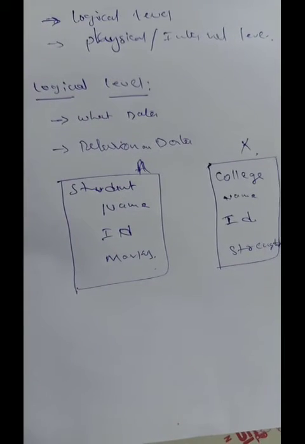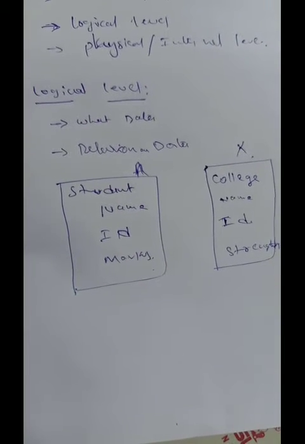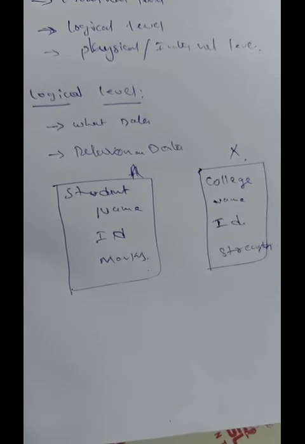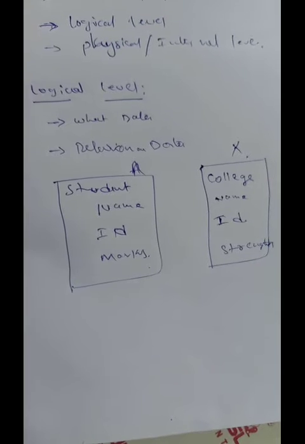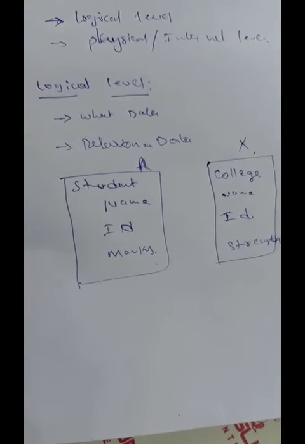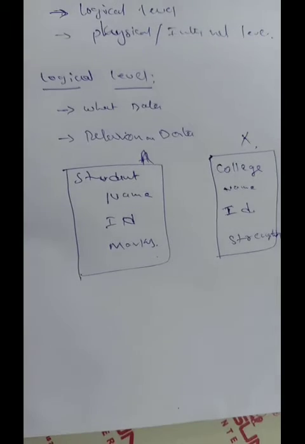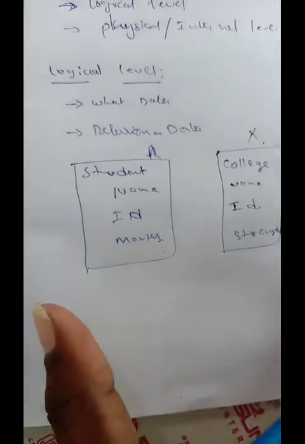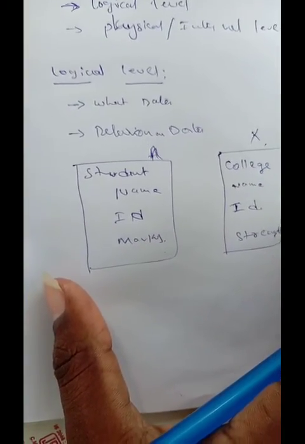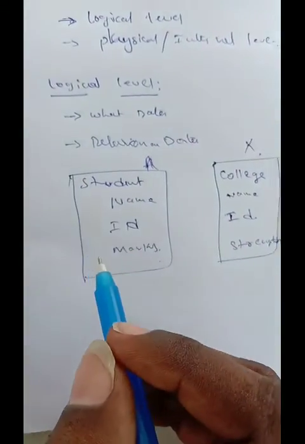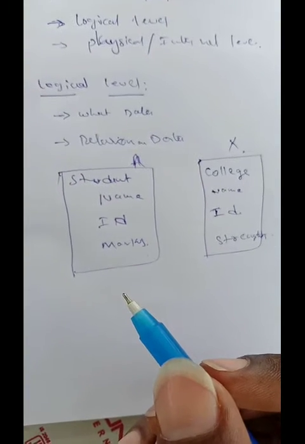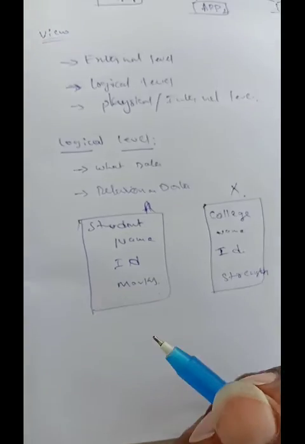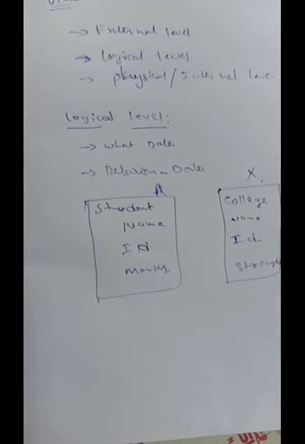In the logical level, it makes sure that the user doesn't feel any inconsistency regarding the data that is accessed, presented, or ready to be stored in the database. The complexities of what data is stored and the relations presented on the data are successfully maintained by the logical level view.